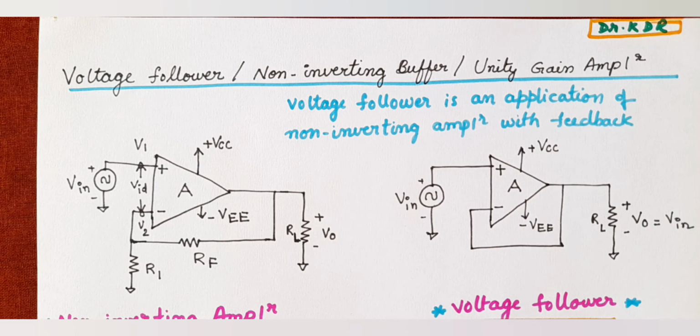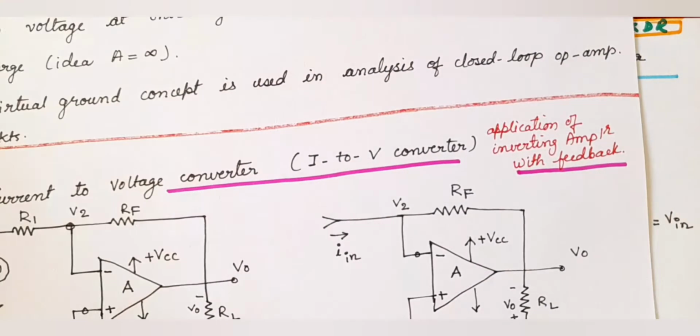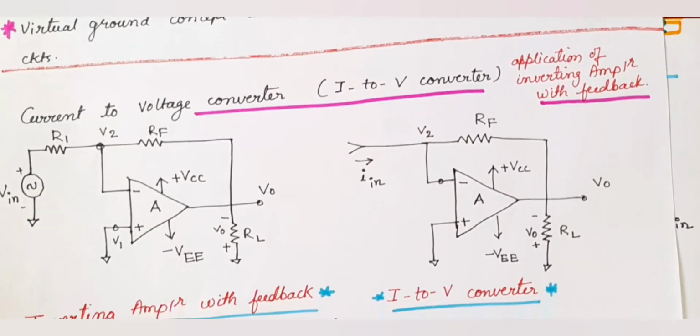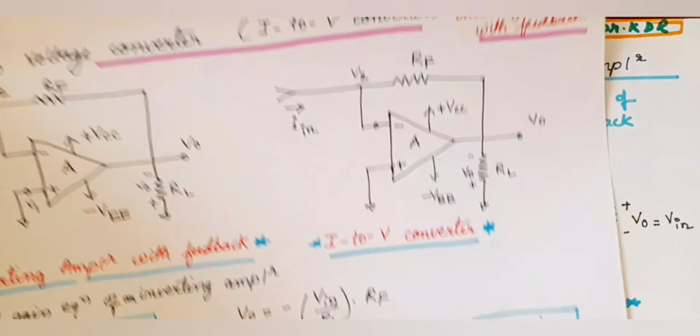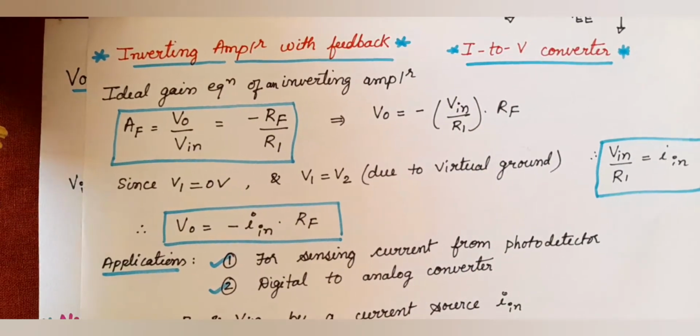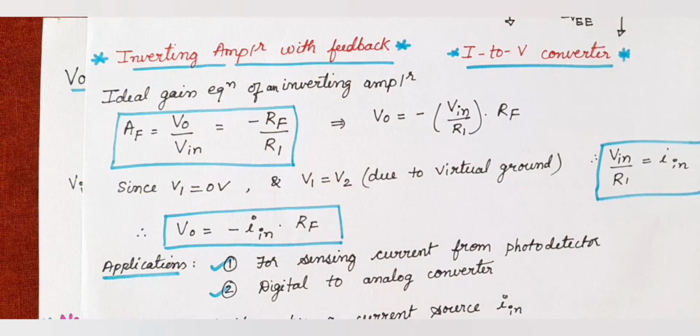The voltage follower equation is V0 is equal to Vin. And coming to the I to V converter, the output voltage equation is minus IN times RF.